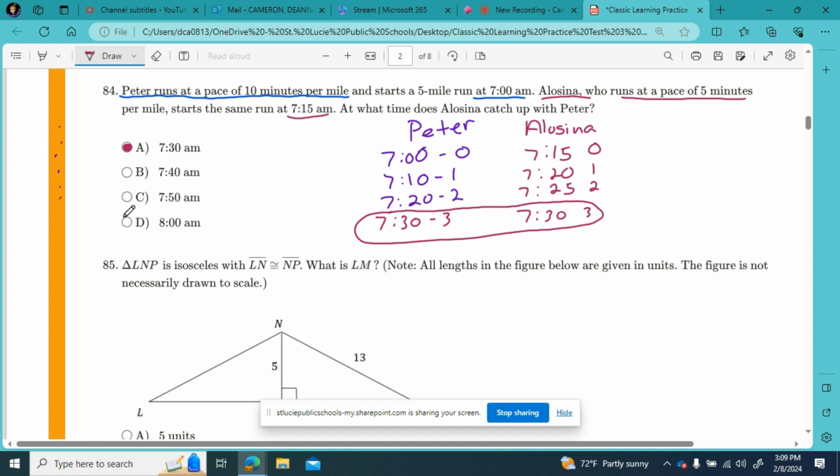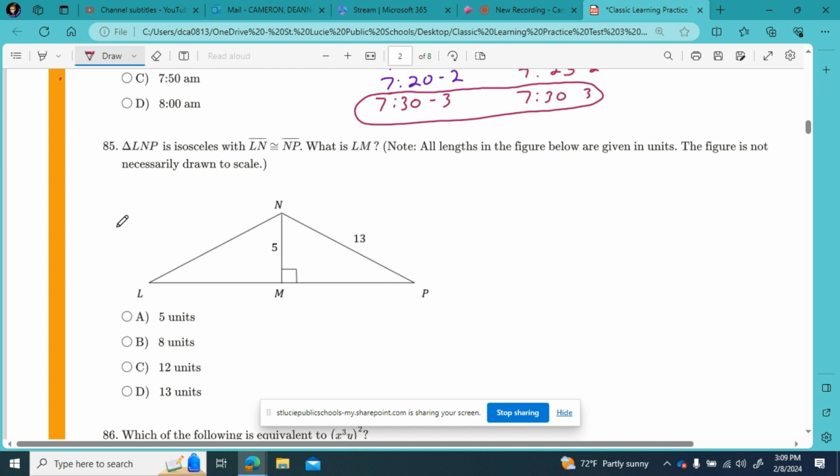Okay. And then question number 85. Triangle LNP is isosceles with line segment LN congruent to line segment NP. What is LM?